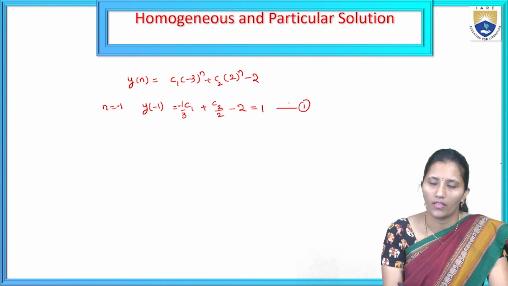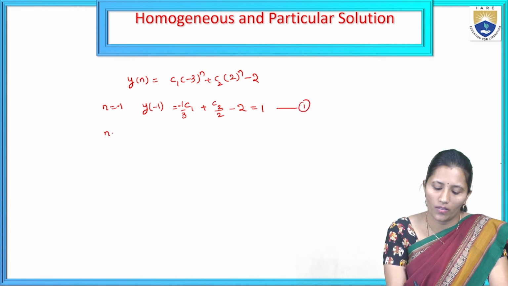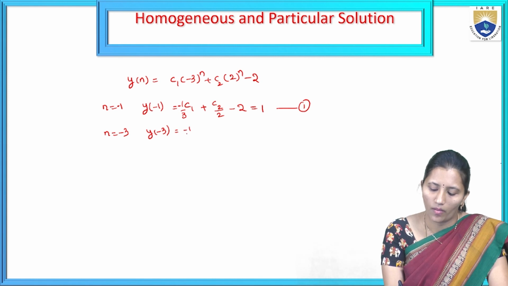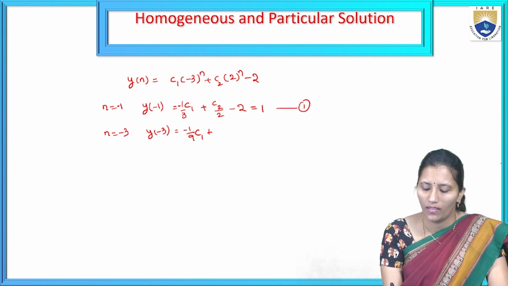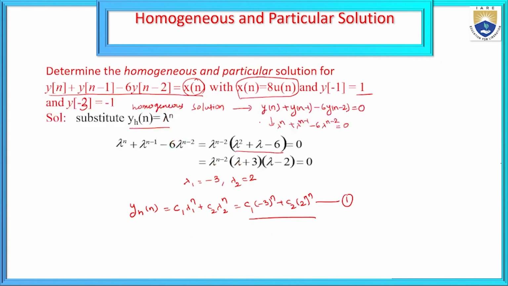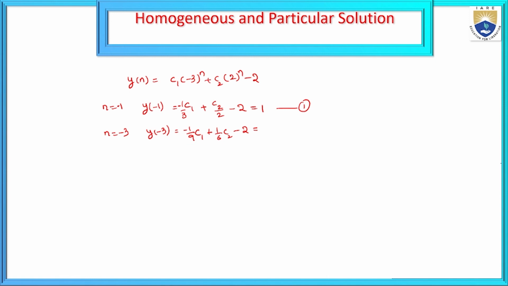So this is equation 1. Now substitute n is equal to minus 3: y of minus 3 is C1 (minus 3) whole power minus 3, that we can write as minus 1 by 27 C1 plus 1 by 8 C2 minus 2, equal to the given value minus 1, equation 2.